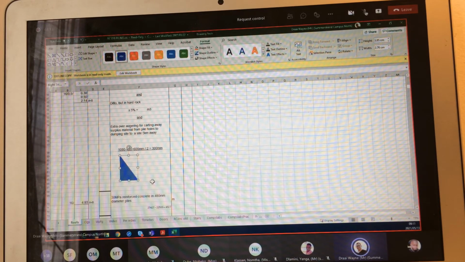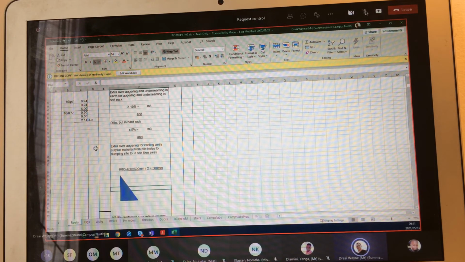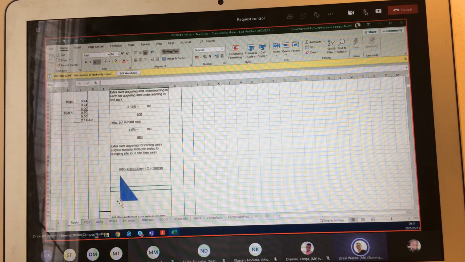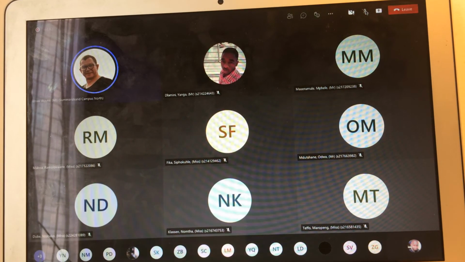Okay, now that is the shape on the one side of my under-ream section of my pile, with the height from there to there being 500. All agree with that? That the height is 500 from there to there. I will just jump out of this quickly to show exactly where I am referring to.